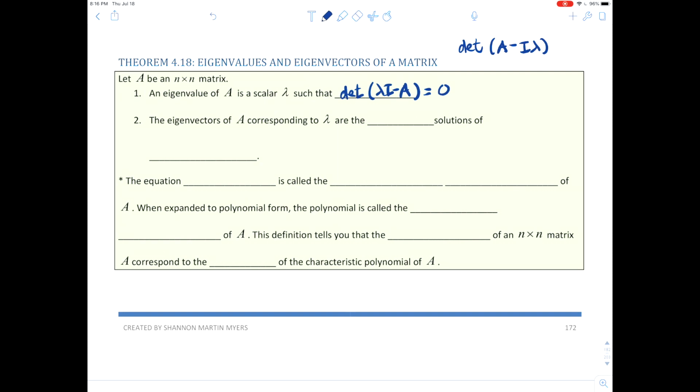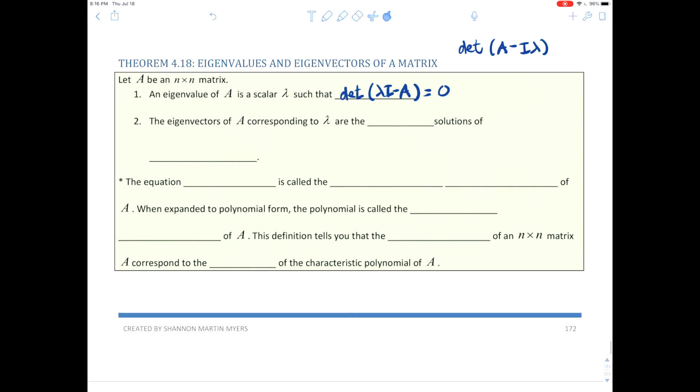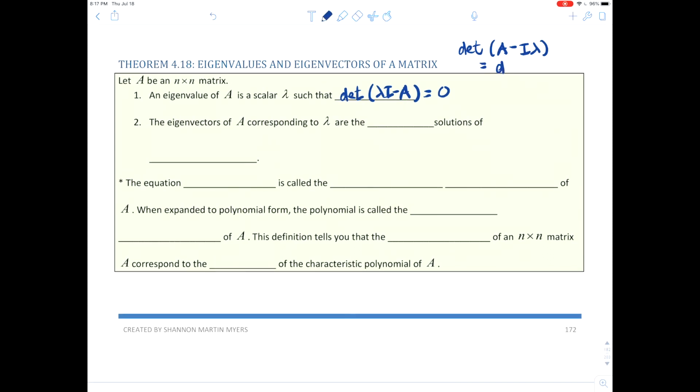Just so you can see, this would end up being equal to the determinant of -1 times lambda I minus A, which is absolute -1 times the determinant of lambda I minus A, which of course is just the determinant of lambda I minus A. All right, so either way that you remember them is fine.